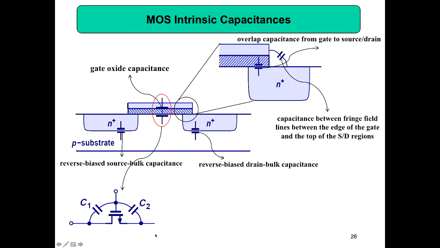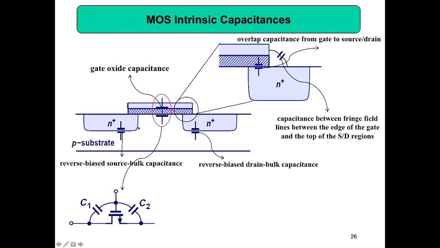Why? Because you have this capacitor between the gate and the channel, but we can't represent the channel in the symbol, so we split it. We take the gate with respect to the source, so you have this capacitor here, then gate and drain, you have another capacitor here.